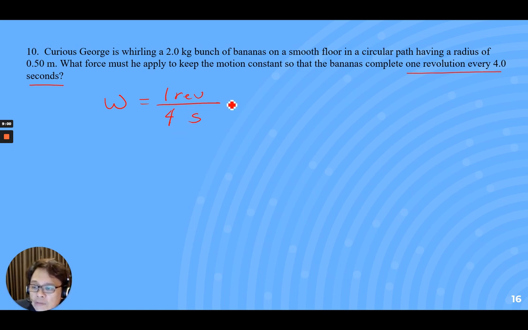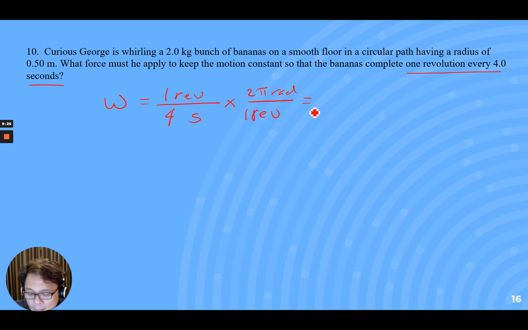Now we can convert this to radians per second. Okay, so 1 revolution is equal to 2 pi radian. So ang isang buong circle kasi 'di ba? Pi is 180. So 2 pi is 360 degrees. So in any computation here, we always convert revolutions per second to radians per second.